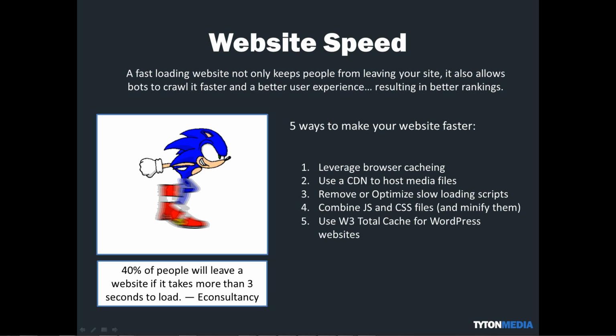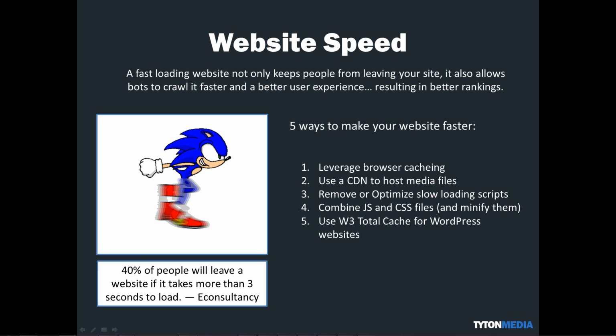If you're using WordPress, there are some really easy plugins that you can download. We use W3TC. It's the W3 Total Cache plugin. It has all sorts of caching options and browser caching, and we've sped up our website at least 60 to 70% just by using that plugin.